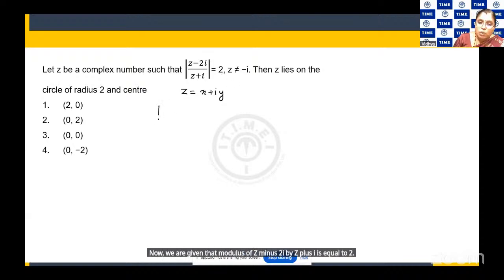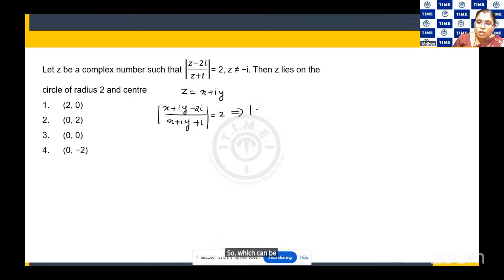So let's write modulus of (x plus iy minus 2i) divided by (x plus iy plus i) equal to 2, which can be written as modulus of x plus i(y minus 2) equal to 2 into modulus of x plus i(y plus 1). I hope it's clear so far, right?